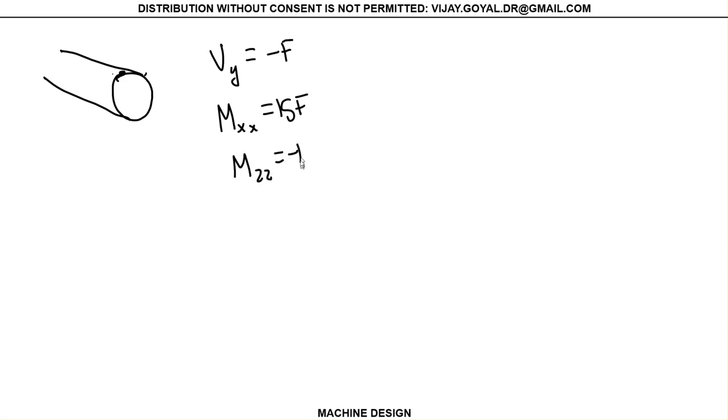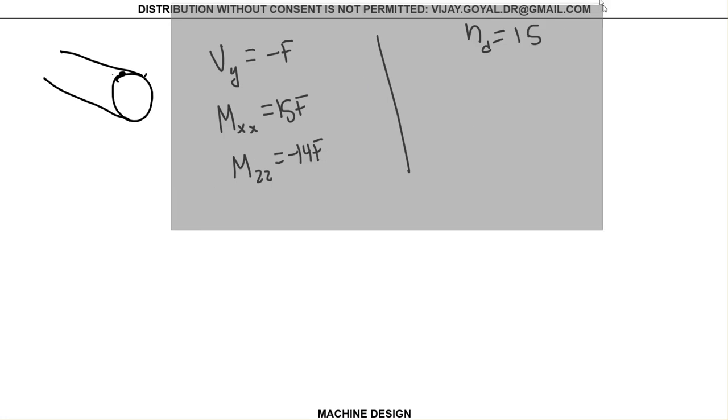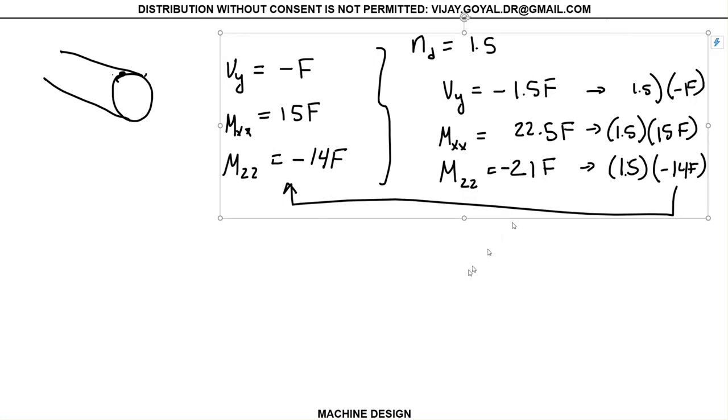You have to do a free body diagram at that particular location, and you find that Vy is equal to minus F, Mxx is equal to 15F, Mzz is equal to minus 14F, and for a design factor of 1.5, as we did before, we find the values I got from my previous example.